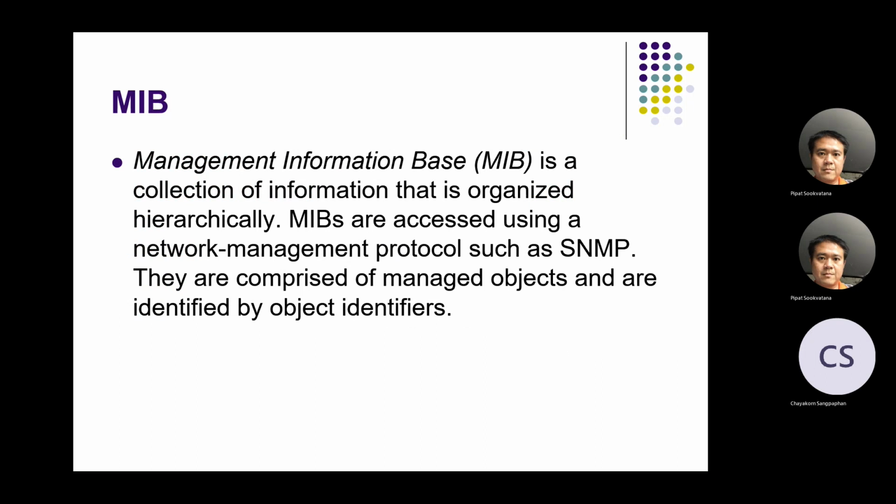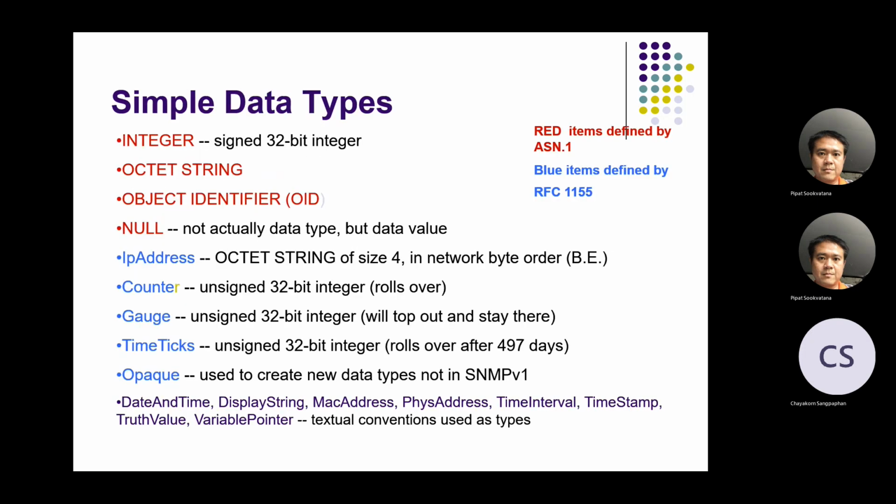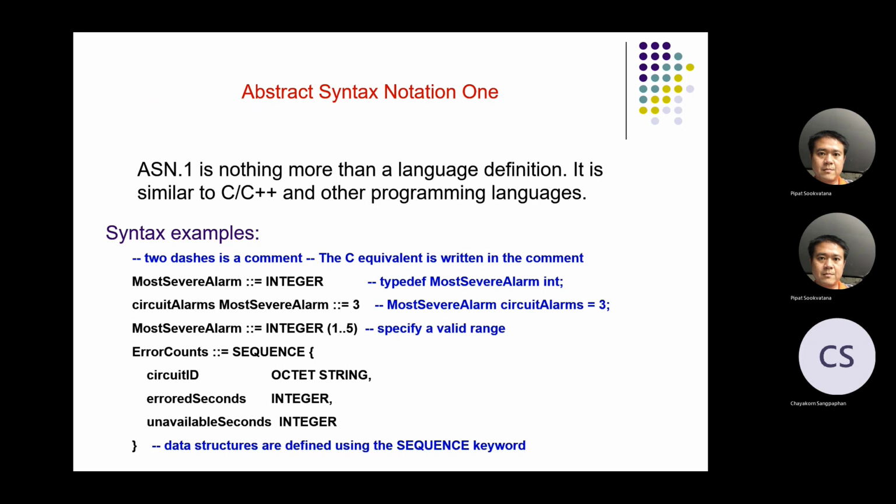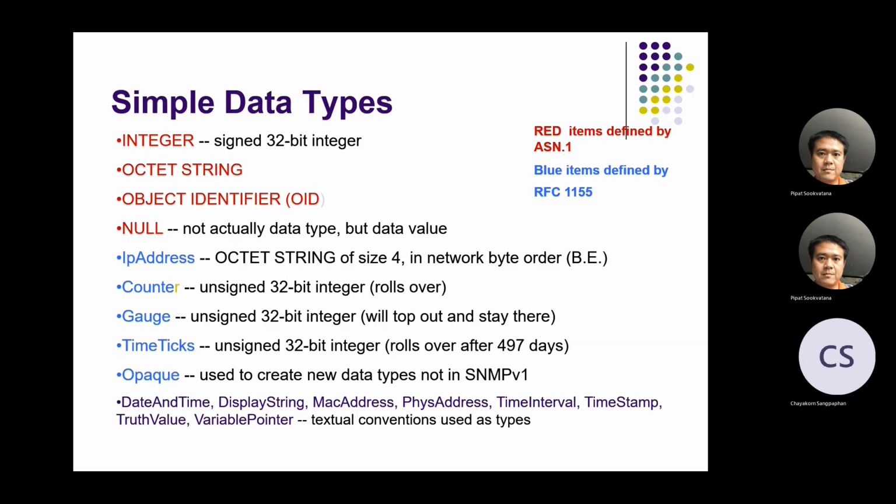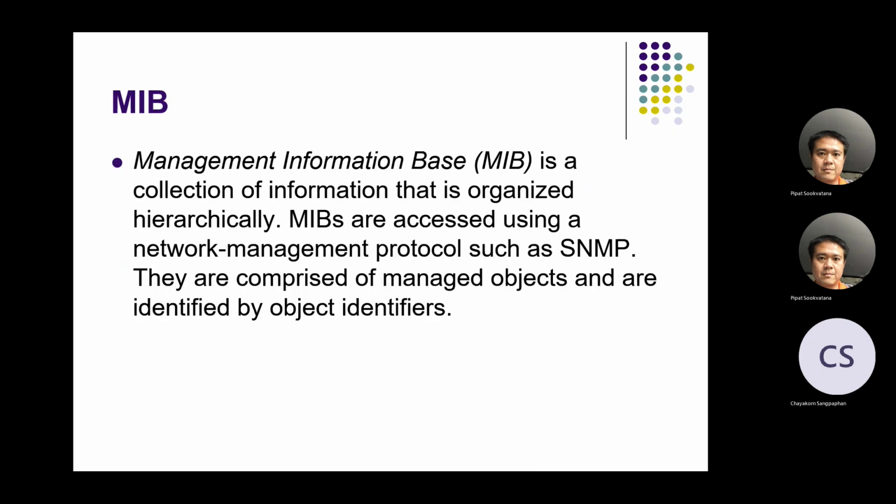Now, the data structure of the variables or parameters that we want to monitor, we keep in a text file. We use this to define it. See the data structure, and normally we keep it in a text file, which normally has the extension .mib, which we call the Management Information Base file.